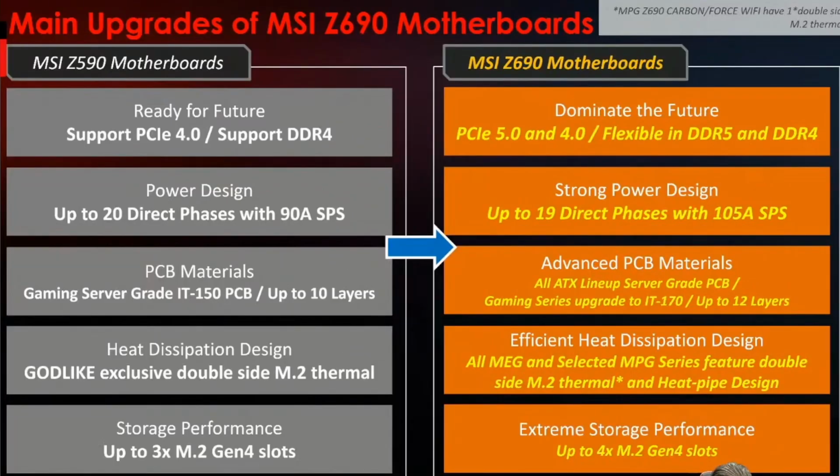I won't go into too much detail, but upgrades include of course DDR5 support, improved VRM design, improved PCB materials, more M.2 slots, and so on. Our main interest is of course the EK monoblock, as that one will be cooling down our CPU. Even though the monoblock on the Z690 might look very similar to the ones on the previous generation Carbon EKX motherboards, there's a couple of differences.